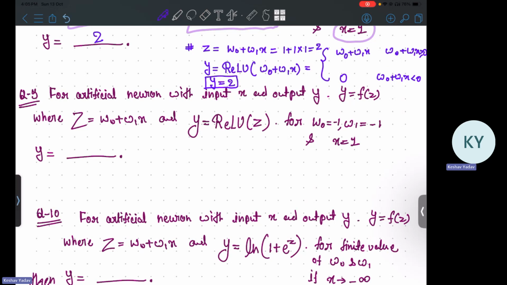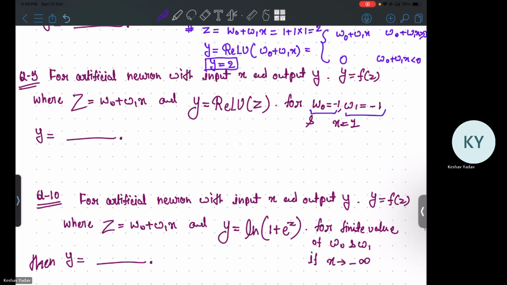Next problem is the same, but here W0 and W1 are both minus. So let us put the value. What will be my y? Y was the ReLU of W0 plus W1 x.